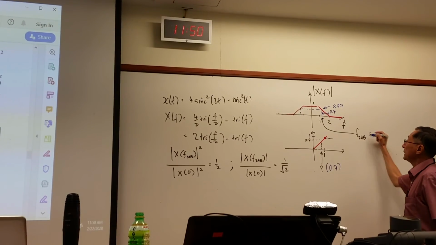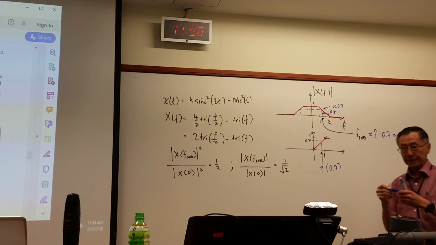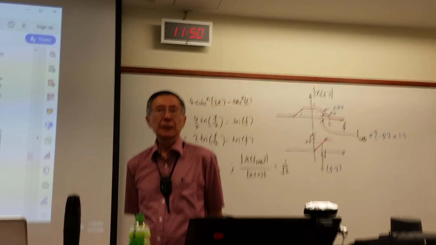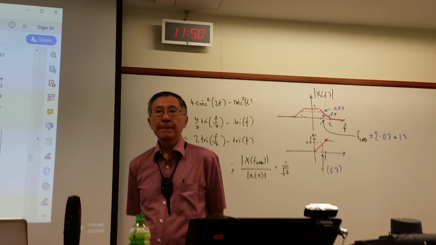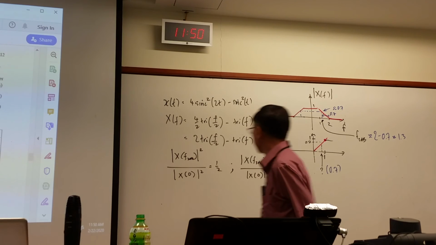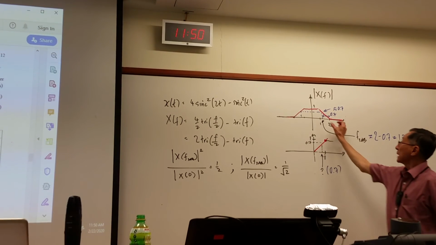Therefore, f 3 dB will be 2 minus 0.7, which is 1.3, approximately. I'm just giving you that. You got it? You know why I did it this way, so that you can see where this point is, so that I can figure out what this is.